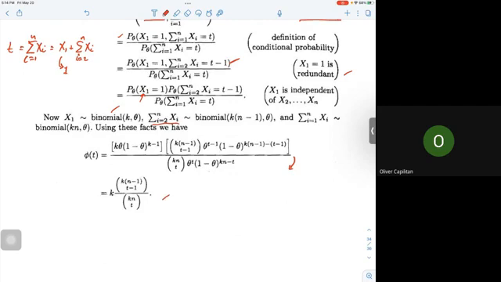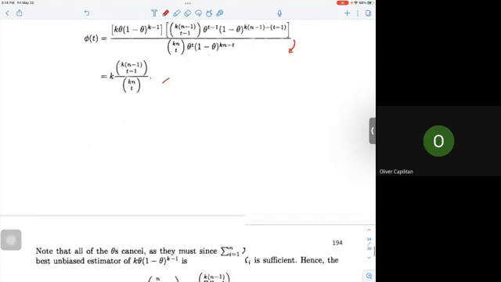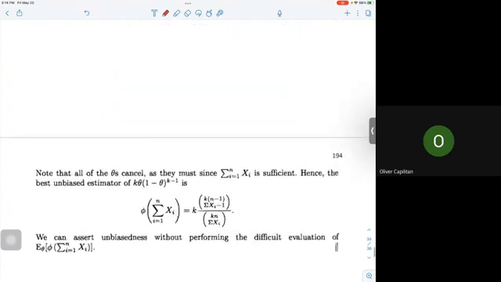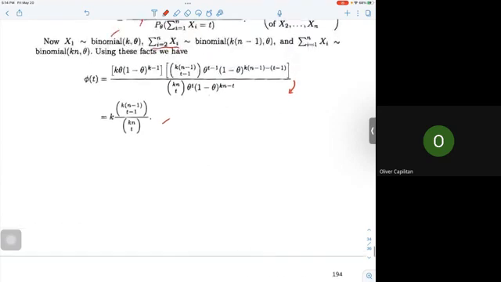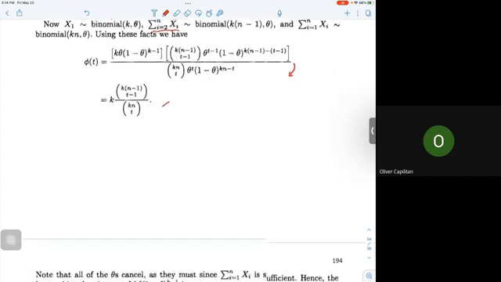Estimate ito ng ating function of the complete sufficient statistic, phi of t. Estimate yan siya. So note that all of the thetas cancel. Natingnan natin dyan. Yung phi of t natin ngayon does not depend on the parameter theta.